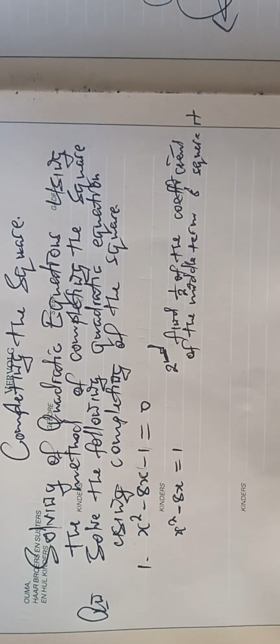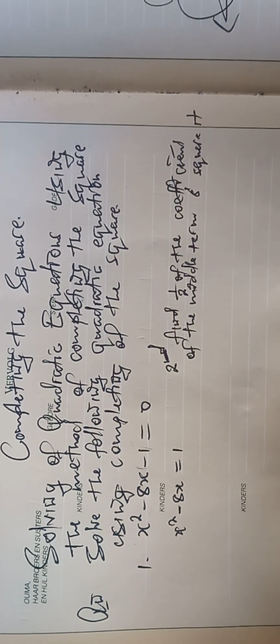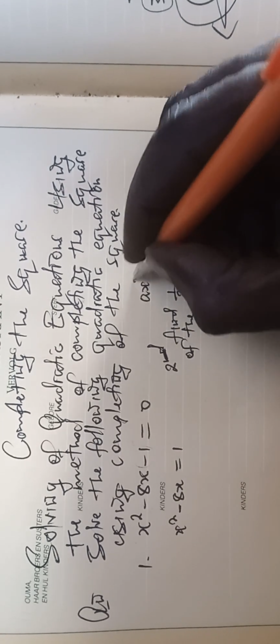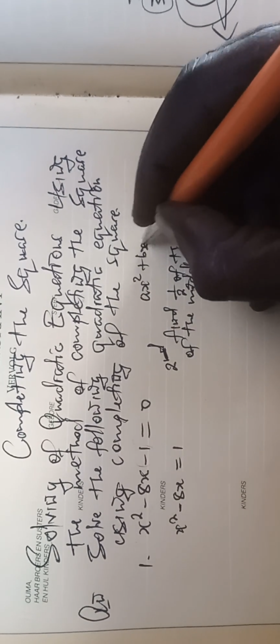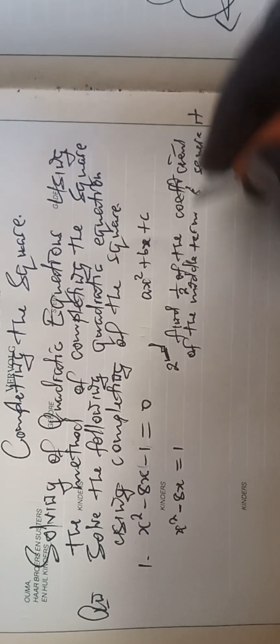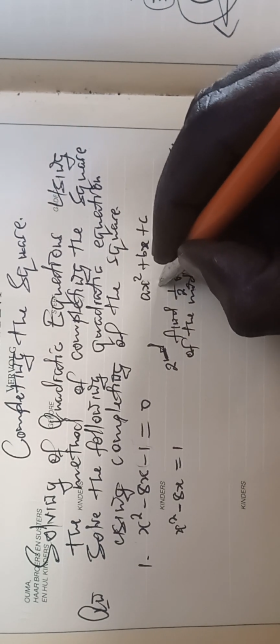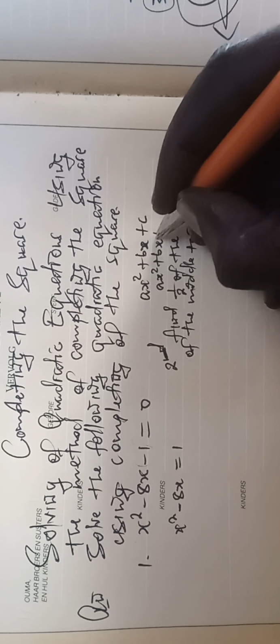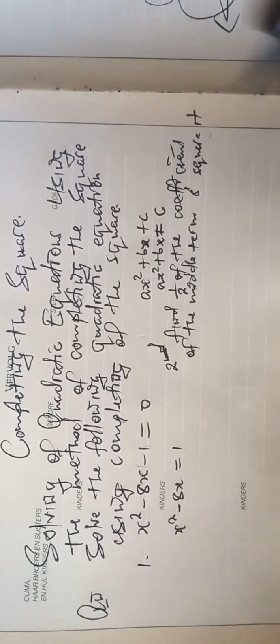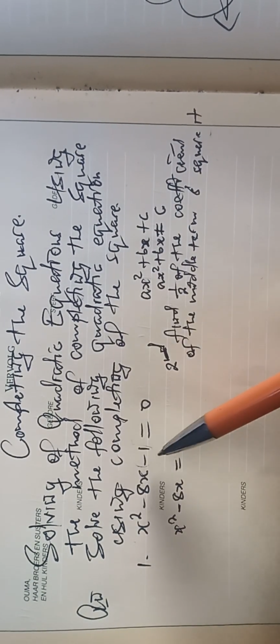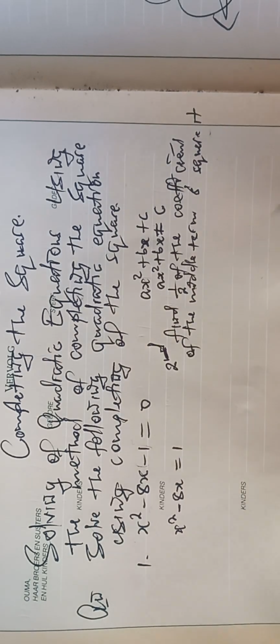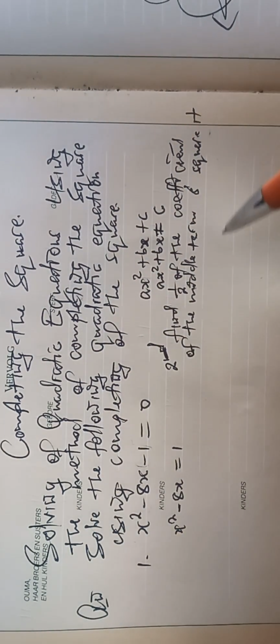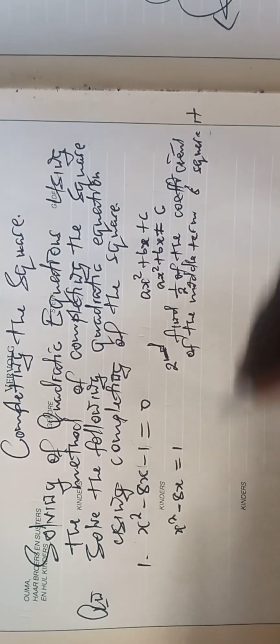I'm sure we all understand that quadratic expressions are in the form of ax squared plus bx plus c. In this situation, the step that we did is ax squared plus bx is equal to c. We simply moved the constant from this side to the other side. And now we are going to find half of the coefficient of the middle term.